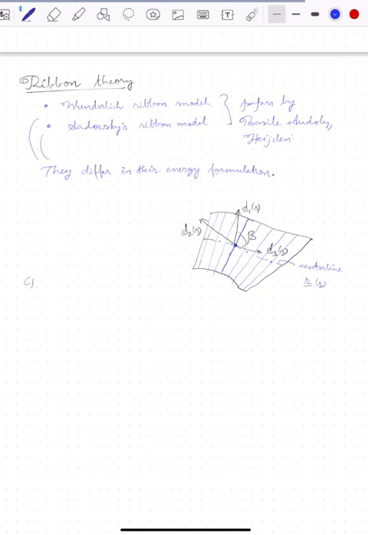Now let's look at the parametrization of the ribbon surface. We do so by taking x vector of s at any point. Of course, it's a 2D-like object. So we have r vector of s, the center line, plus t, which runs from one end to the other end along the ruling.